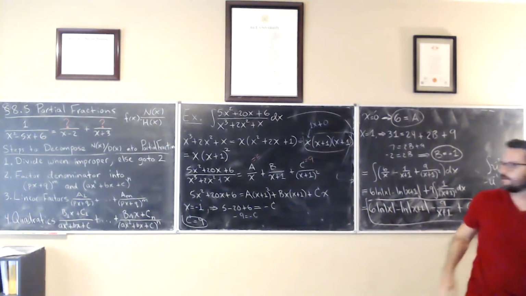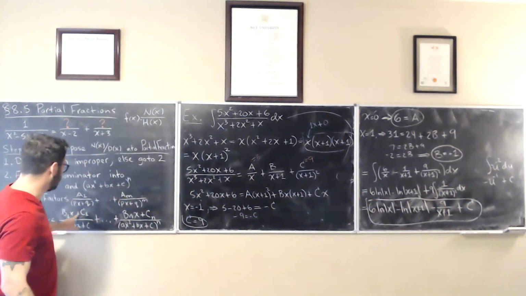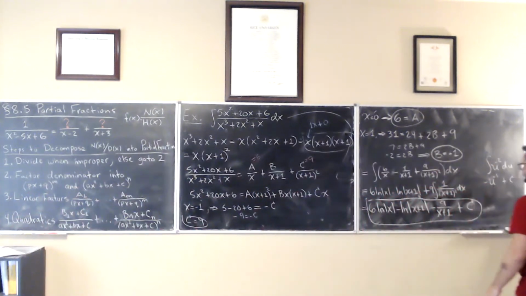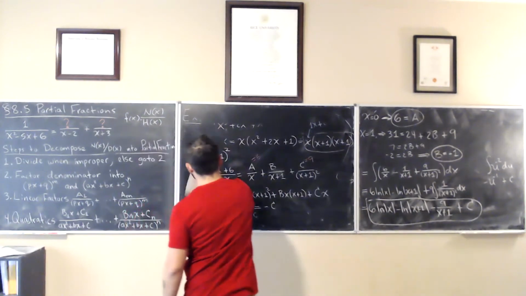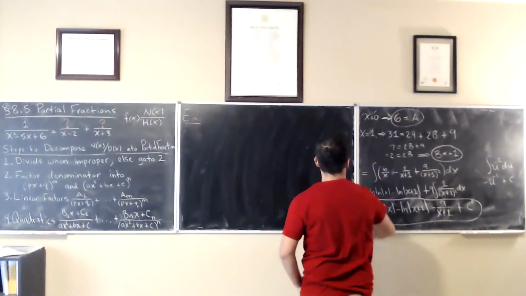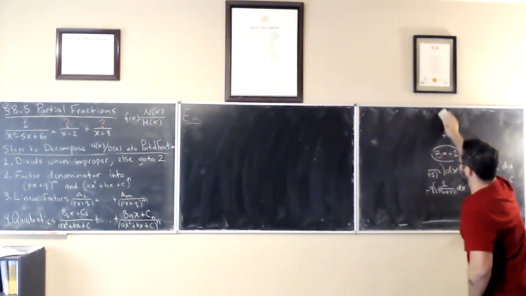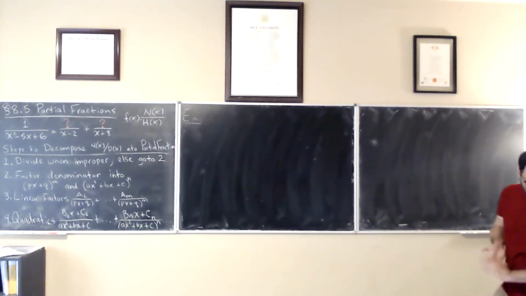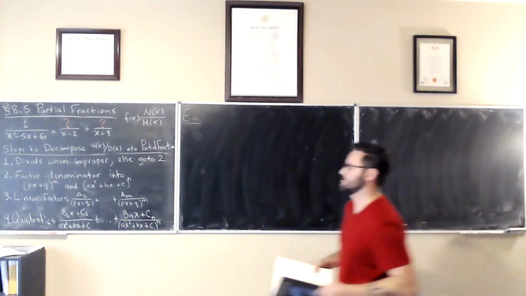Okay, so now let's do one where we have maybe quadratic factors. So you can see how to put in the variables for those now. What is the example they use?